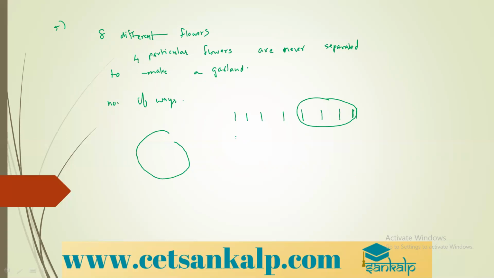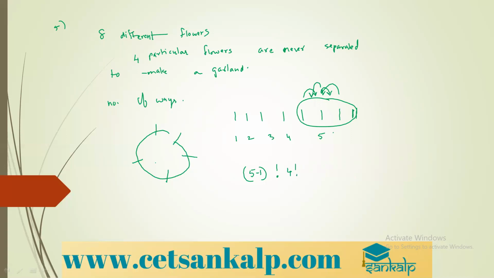So we can count them as 1, 2, 3, 4, 5 flowers. They can be arranged in 5 minus 1 factorial. After that, these 4 flowers will arrange among themselves in 4 factorial.